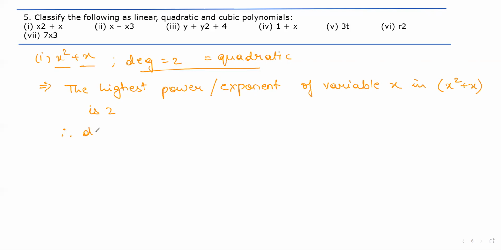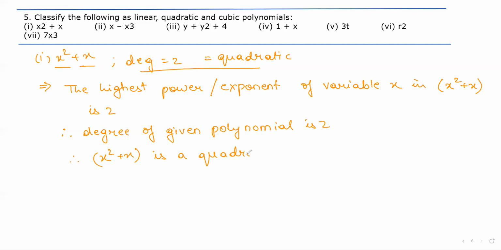Therefore, degree of given polynomial is 2. Therefore, x squared plus x is a quadratic polynomial. This is how you'll present.